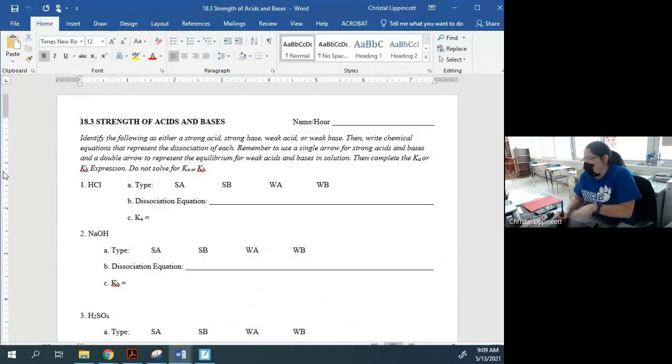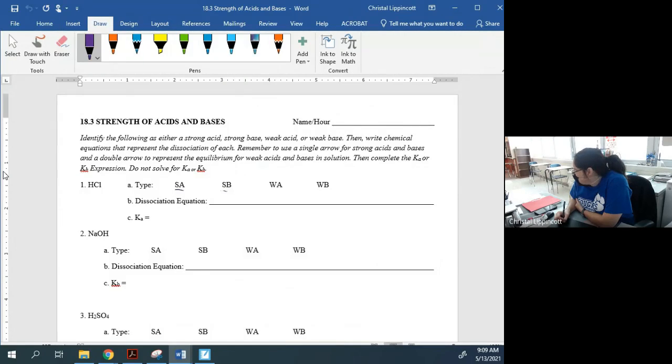You're going to do the dissociation equation like I just showed you a few minutes ago. Now, how do you know if it's a strong acid, strong base, weak acid, or weak base? A couple of days ago, I gave you a list of these. If it's not on the list, then it's either a weak acid or a weak base. You can also Google it if you really need to.